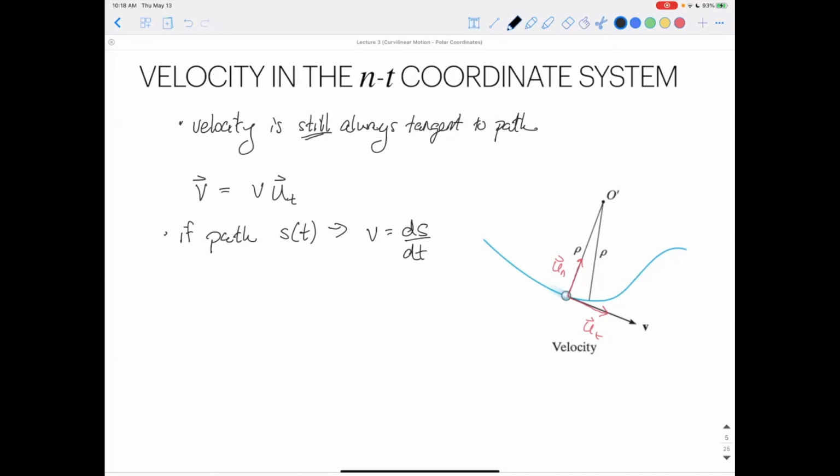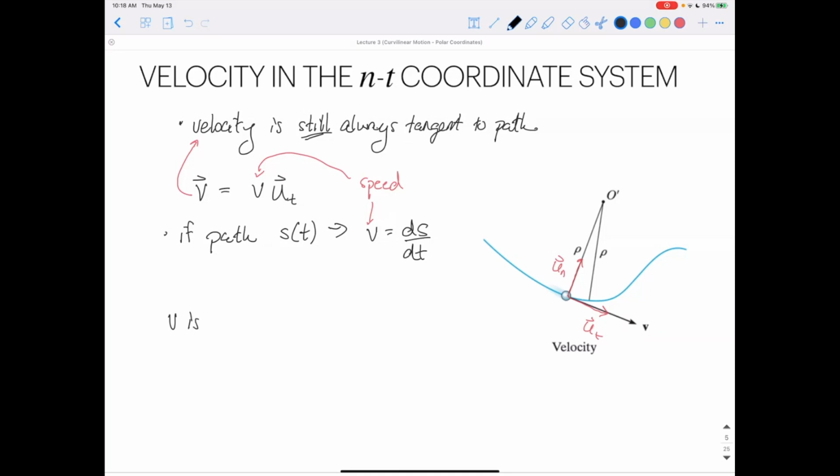So the rate of change of the motion along our path over time. And this would be our speed. And this vector here is our velocity. So the speed is essentially the magnitude of the velocity, and then our unit vector u_t defines the direction of that velocity.